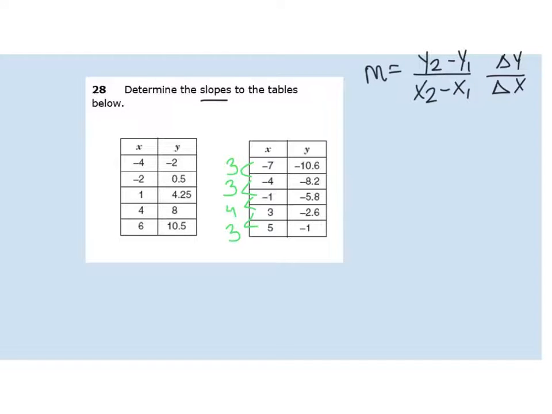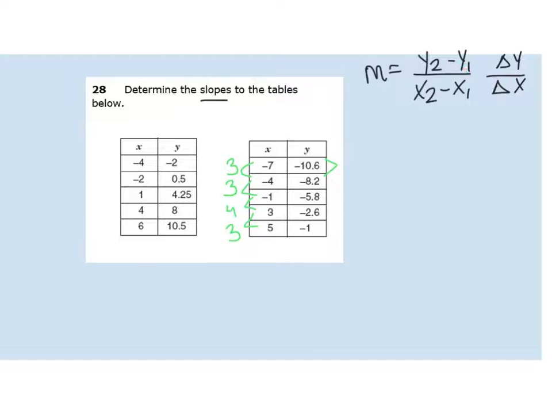So this one might be linear depending on what our slopes are on the y side, the change in our y's. So once again, if you're looking at the negatives and you're doing the change, you're going to follow the formula here. The second y value minus the first.